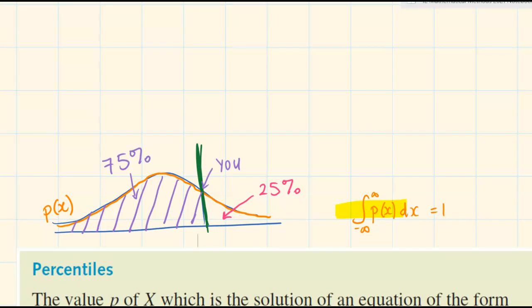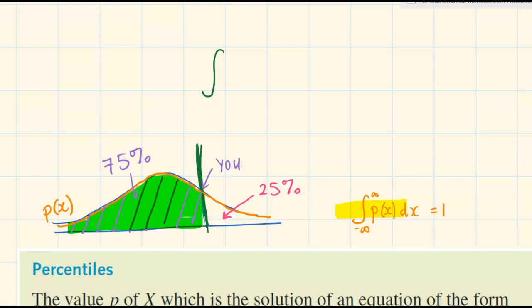Have a think. We want to find the area from the start all the way up into where you are. And what do we want that area to equal? Yeah, 0.75. Sensational.